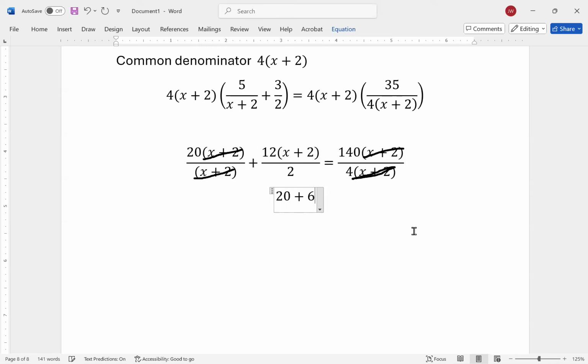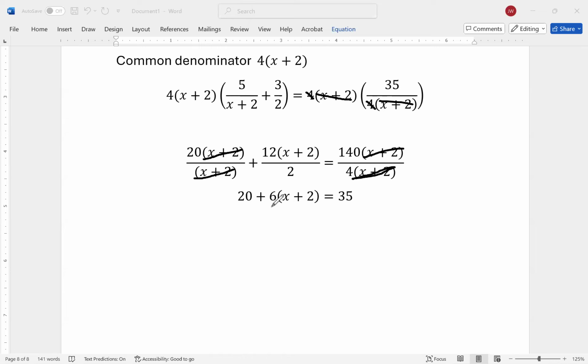So I'd get 6 times x plus 2 equals 140 divided by 4, which is 35. By the way, if you wanted to, in this case, you could have canceled the 4 and canceled the x plus 2 and just been left with 35 there on the right.